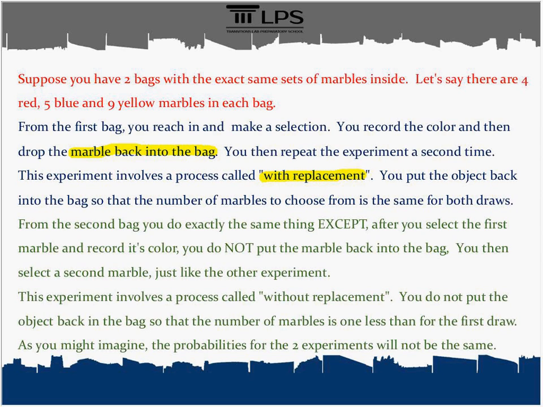This involves a process called without replacement. Without replacement is a dependent situation. You do not put it back, so the number of marbles is one less than the first draw. As you can imagine, the probabilities of the two experiments will not be the same.